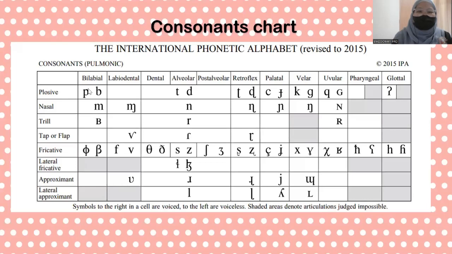The ones on the right are voiced and the left are voiceless. For example, p and b. When I'm saying b, the vibration is stronger. Mm, b. It's different.